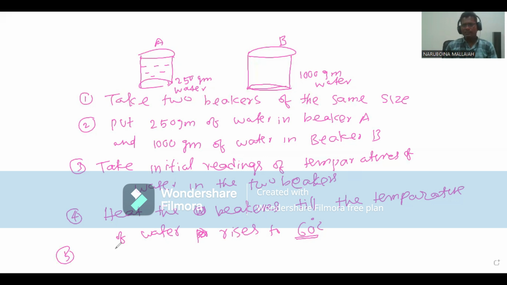We notice that beaker B takes more time to reach 60 degrees centigrade than beaker A, because beaker B has more quantity of water, whereas beaker A has less quantity of water.